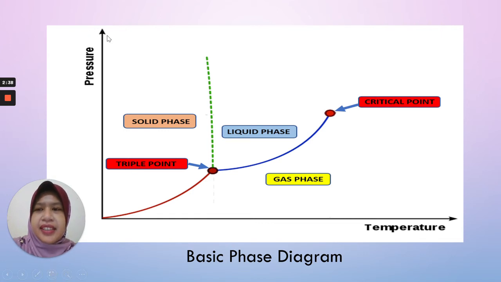The pressure is plotted on the y-axis and the temperature is plotted on the x-axis. And there are important features in the phase diagram. All of these are the important features.